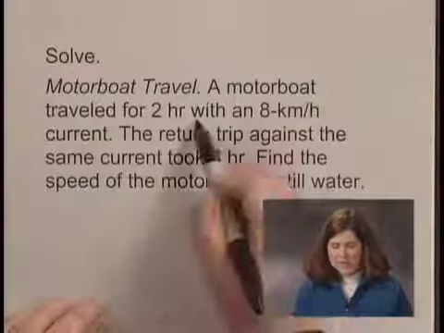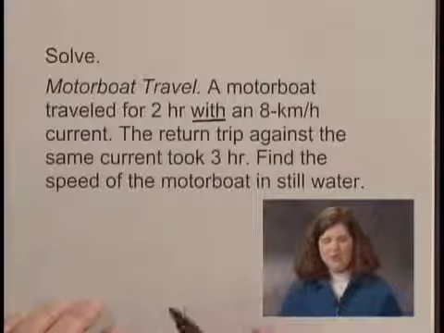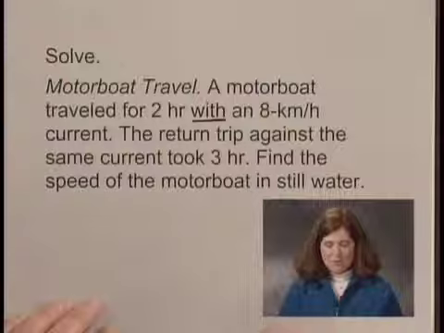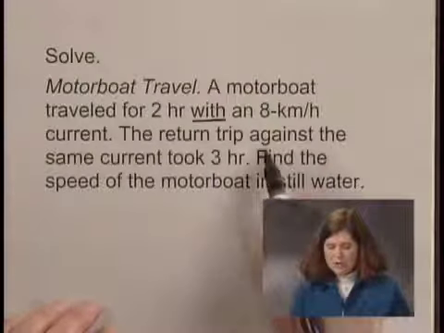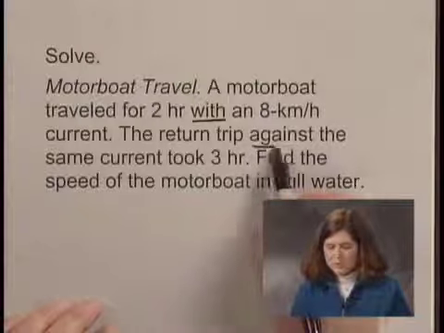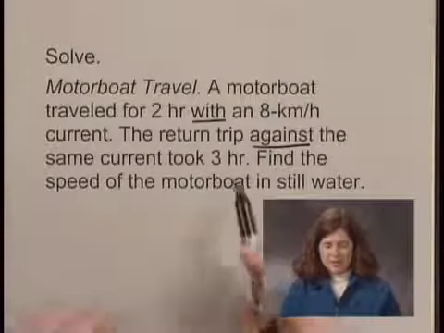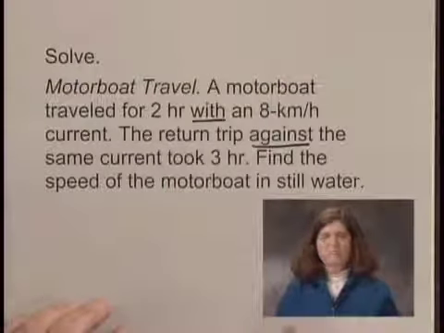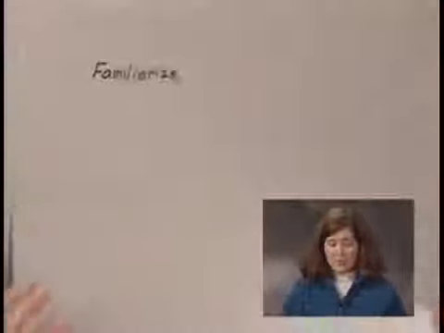One is with the current, in the same direction as the current, so the current will be helping, moving the motorboat along faster than it would go in still water. And the return trip is against the current, so the motorboat has to work against the current, so it will take longer. As you can see, it took 3 hours to go against the current and 2 hours to go with the current.